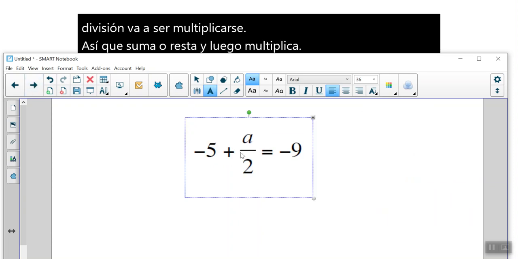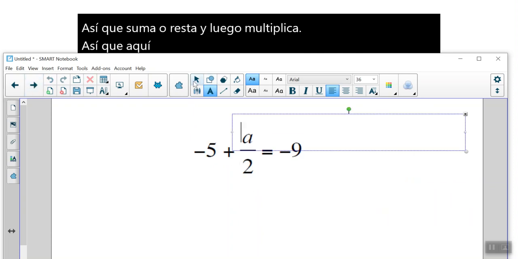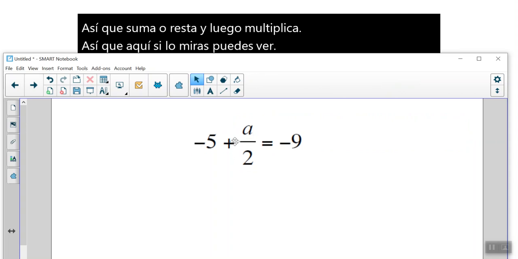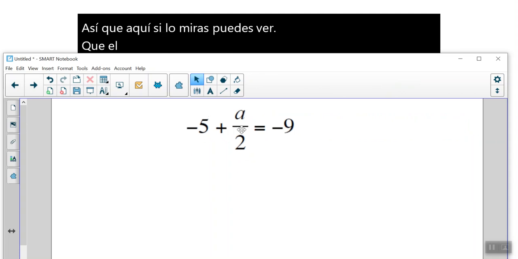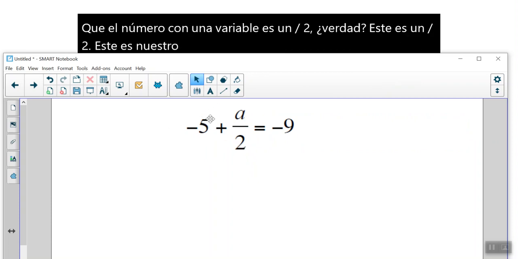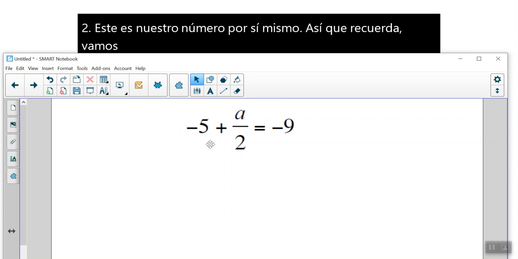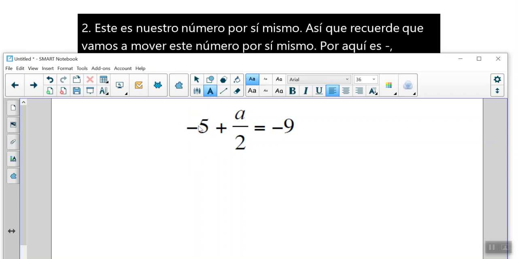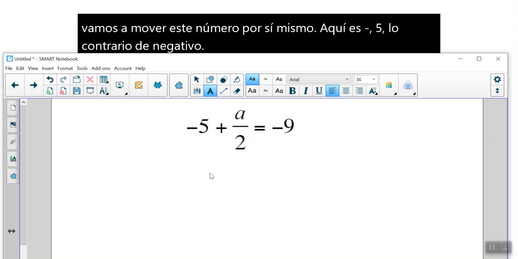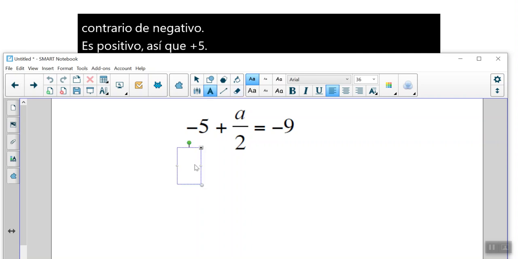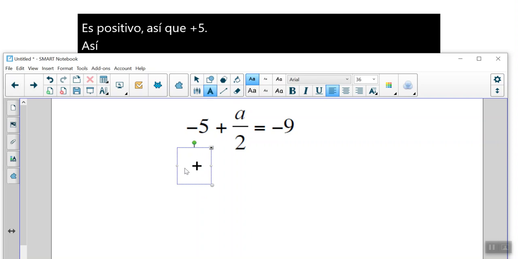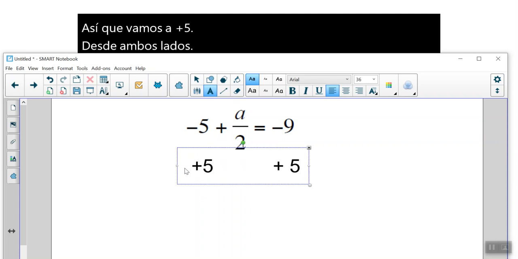So here, if you look at it, you can see that the number with a variable is this a over 2, right? This is your a divided by 2. This is our number by itself. So remember, we're going to move this number by itself over here. It's negative 5. The opposite of negative is positive. So we're going to add 5 to both sides.